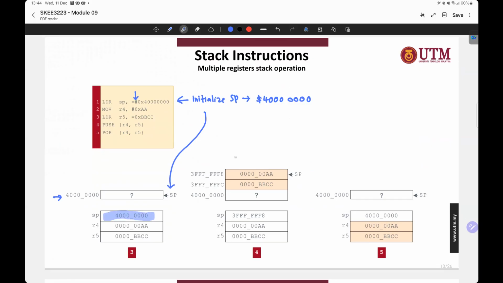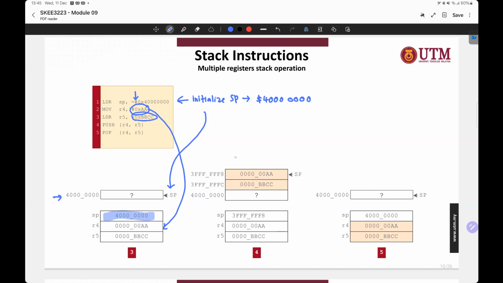On the second instruction, MOV R4, 0xAA. You're going to move this value AA to R4, so you can see R4 has this value. On the third line, LDR R5, 0xBBCC.